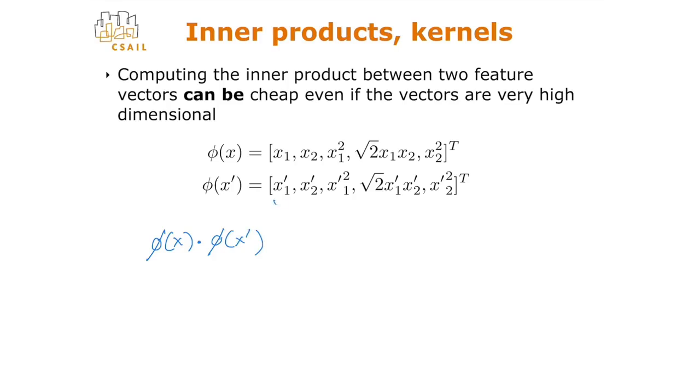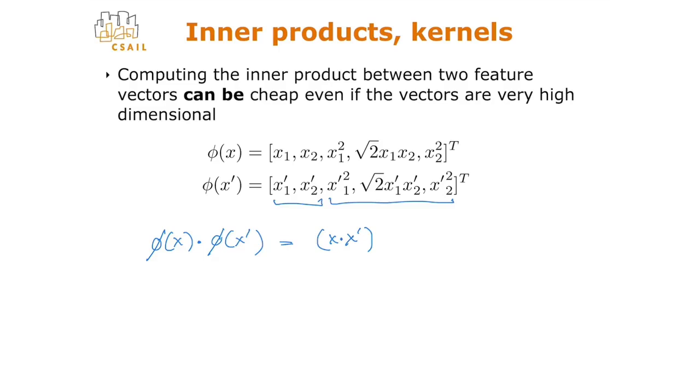The first part here is just in terms of the original two-dimensional example, so I will get a part that's just the inner product between x and x prime as vectors. When you do the inner product of the remaining coordinates and add them, you see that it looks like a quadratic expression, and indeed it is.